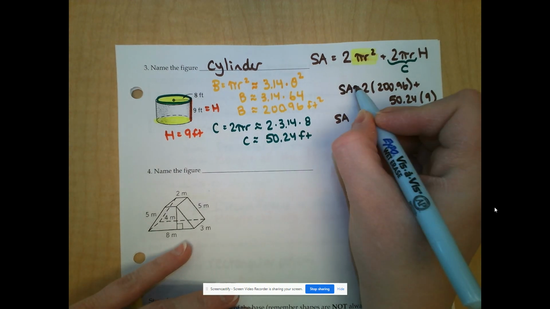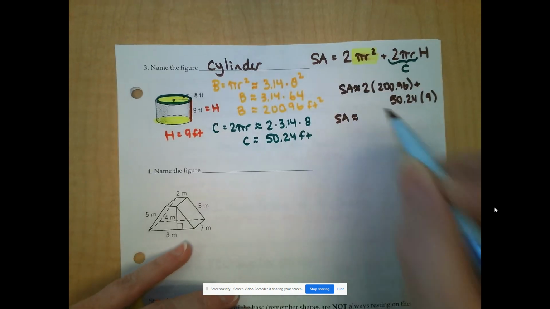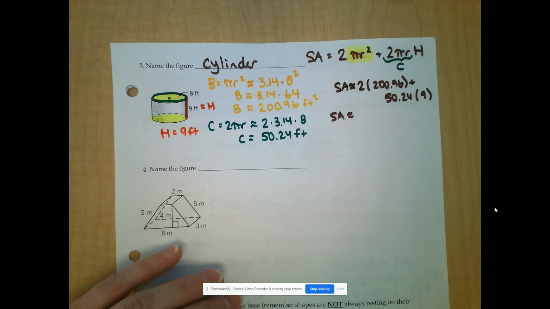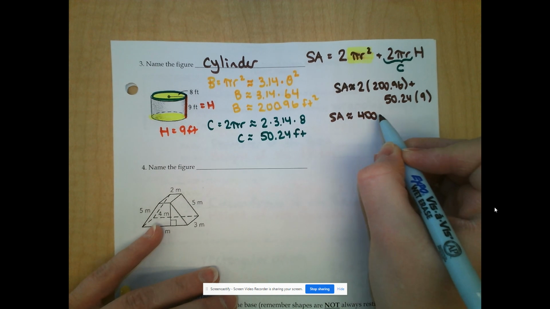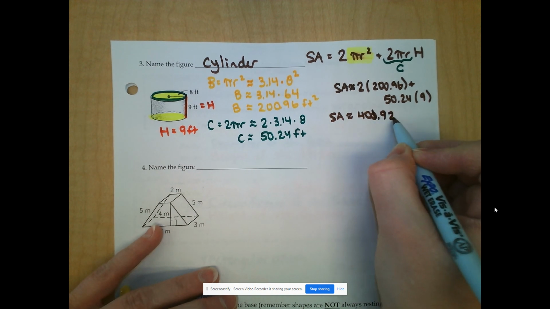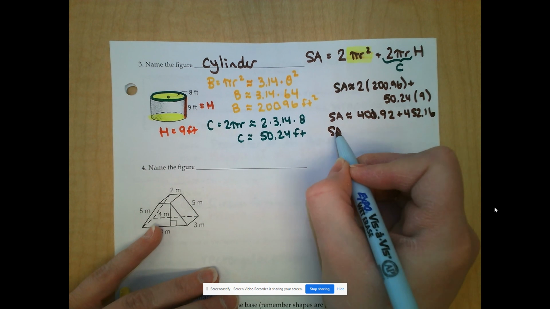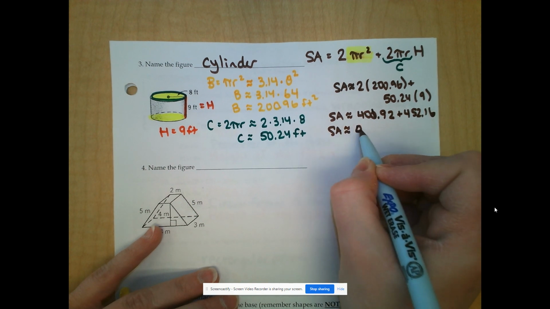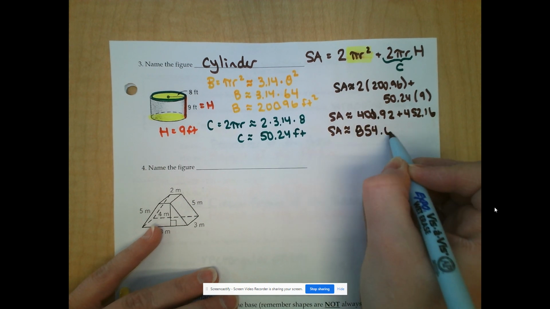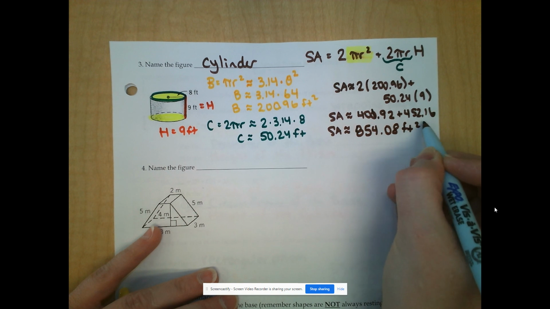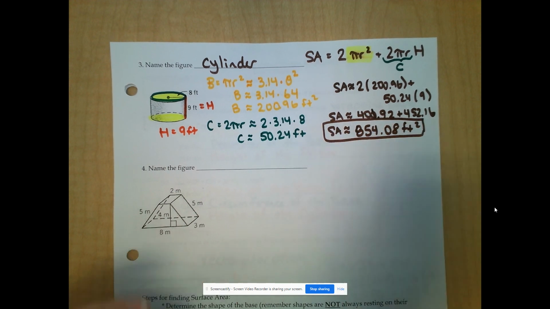Surface area, I do need to switch that to approximately because I did round. I used 3.14. So that's going to be 401.92 plus 452.16. So the surface area is approximately 854.08 feet squared.